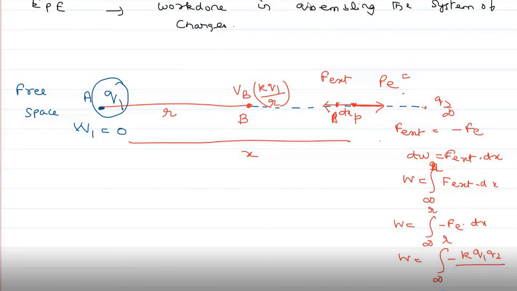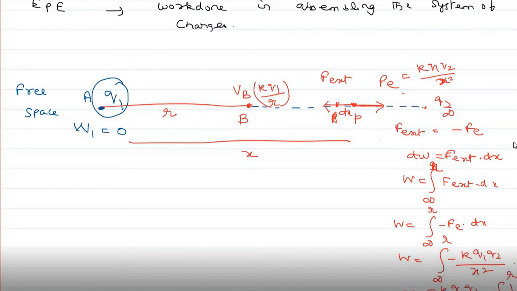Coulomb's force, the force of repulsion here, will be equal to K Q1 Q2 by x square. So K, Q1, Q2, everything is constant, I am taking it outside, 1 by x square dx.